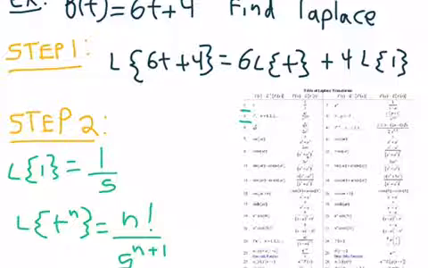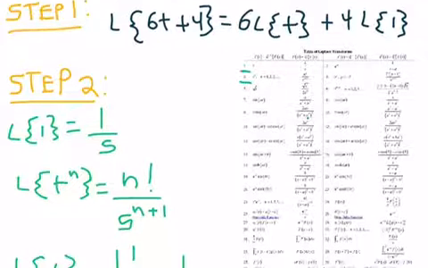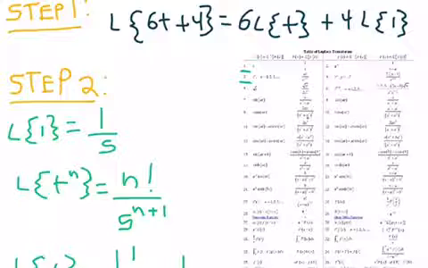We know from the other video and from this table that the Laplace of 1 is equal to 1 over s. If you want to find out how to prove this, you could look at the previous video. And we also know that the Laplace of t to the n is equal to n factorial over s to the n plus 1.